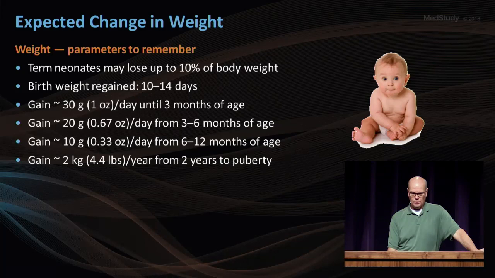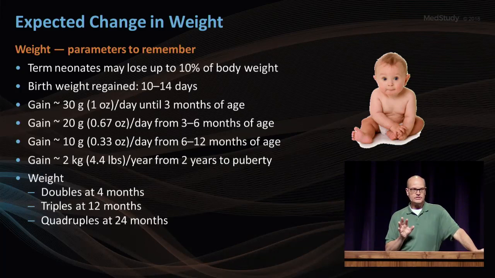Now, I think the key point to this slide is, again, they're going to give you, for example, a birth weight. And then the scenario will involve, for example, a 5-month-old. And so they'll say the birth weight is such and such, his current weight is such and such, and then you're going to have to make a decision as to whether weight gain has been appropriate or not. So the parameters I would know for the boards for this would be when children should be expected to regain birth weight.